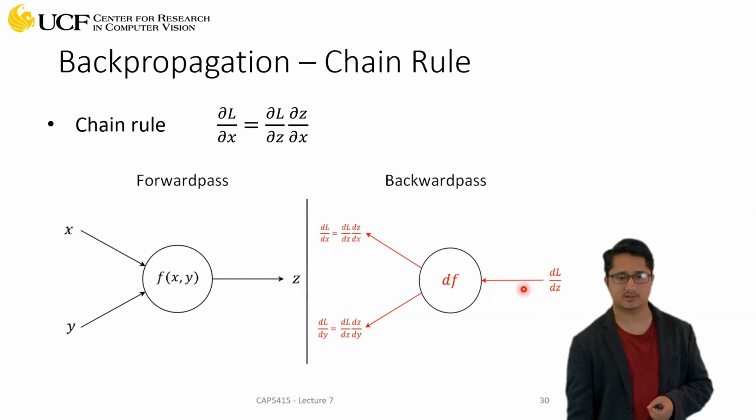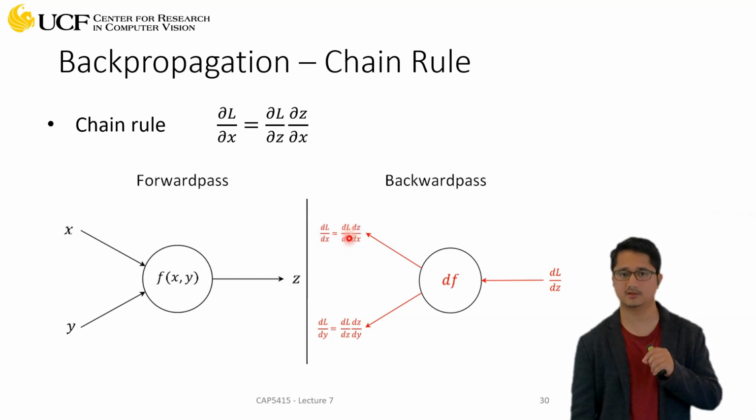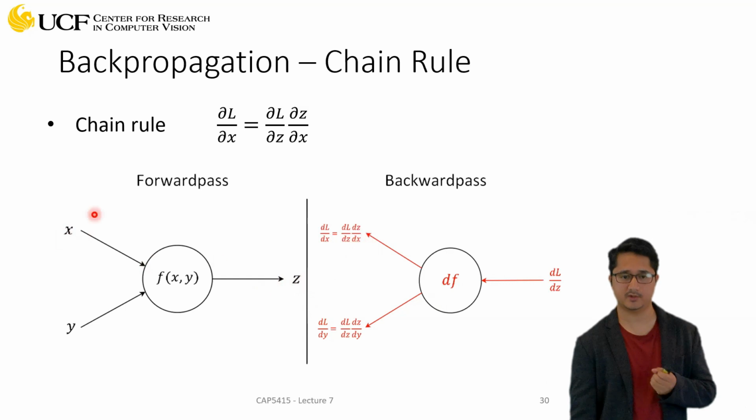And once you have that, the goal is to find the partial derivative of the loss function with respect to X and Y, right? So then you can simply use this chain rule. You first find the derivative with respect to Z, which we can easily do here. And then in addition, you'll have to find the partial derivative of Z with respect to X. Okay, and again, we can do that because we know what this function is.